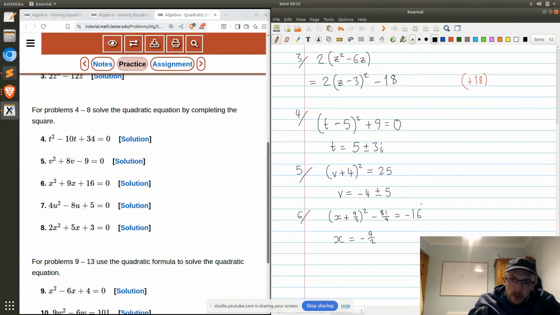So it becomes 4 and a quarter, which is 17 over 4.